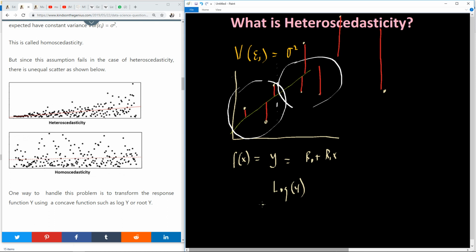You simply take the logarithm, and hopefully it could restrict it to make the variance a bit more constant along the line. Or you can take something like root y. So this is what heteroscedasticity is all about.